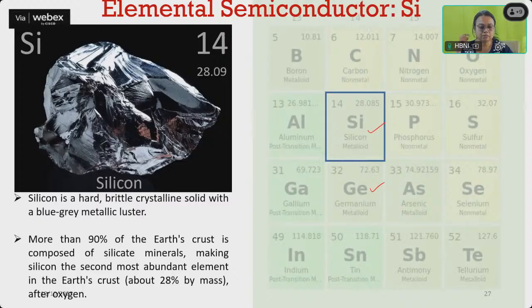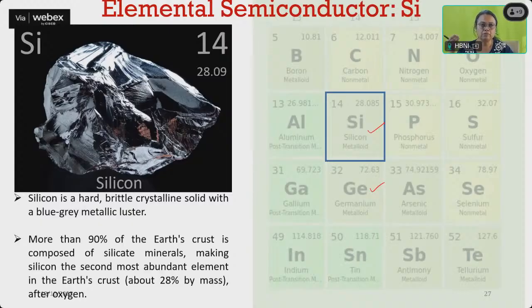It is a crystalline solid with a melting temperature of around 1400 degrees centigrade, and it occurs in materials, generally SiO2, which is the sand. This makes silicon the second most abundant element in the Earth's crust, around 28% by mass after oxygen.